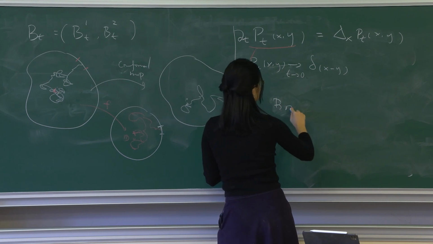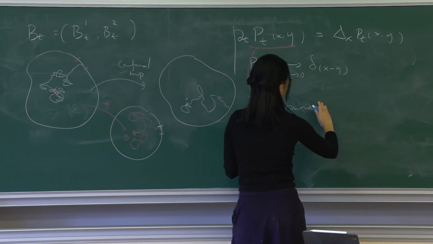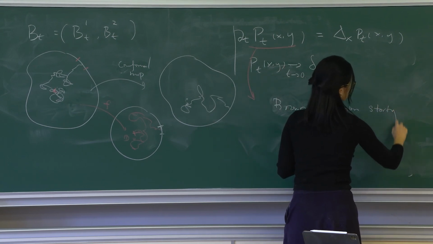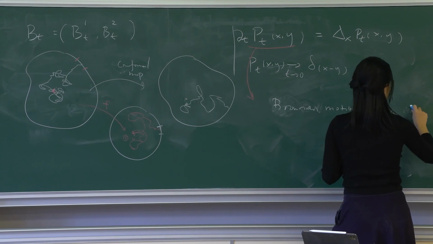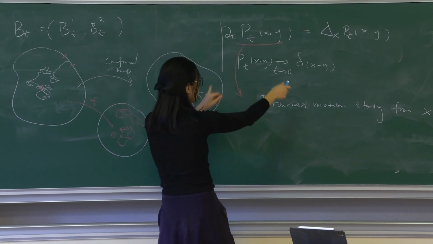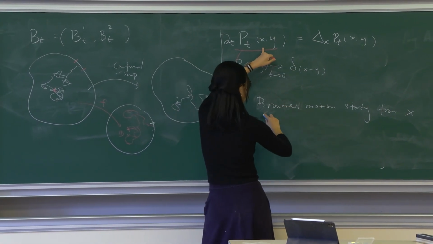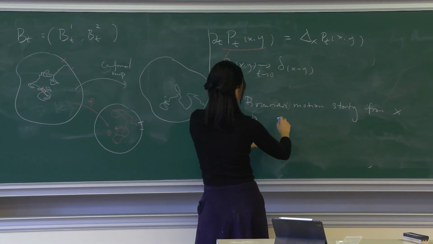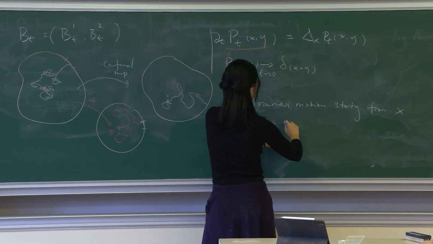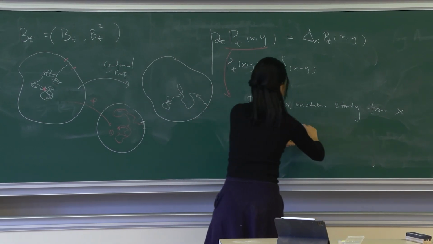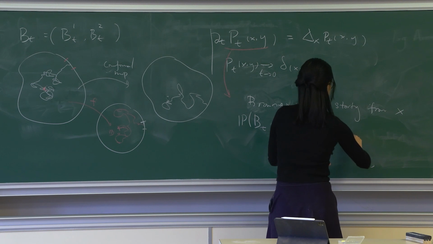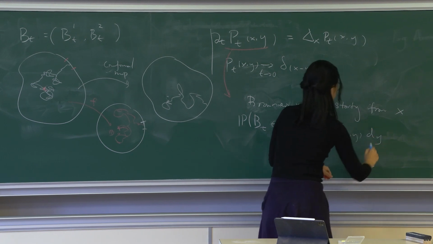So the Brownian motion starting from x, if you wait for time t and look at the distribution of where it is, Bt, the probability of Bt inside some set A is exactly the integral over A of pt(x,y) dy.